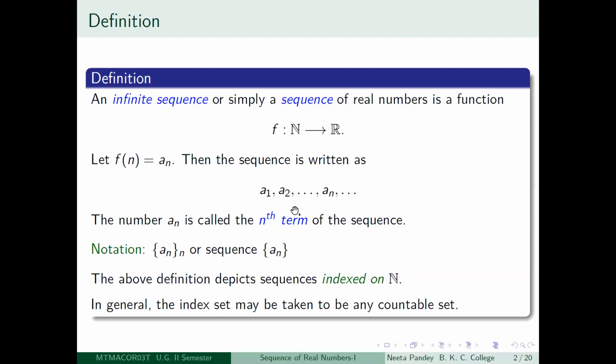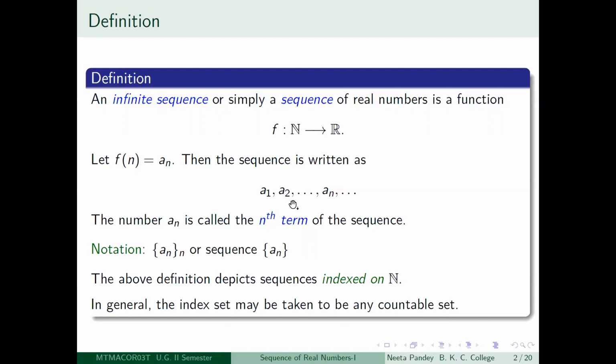But in fact, the indexing can be done over any countable set. That would give you a sequence. We will not have the requirement to go into any random countable sets in general, but sometimes we will have to start a sequence with 0.